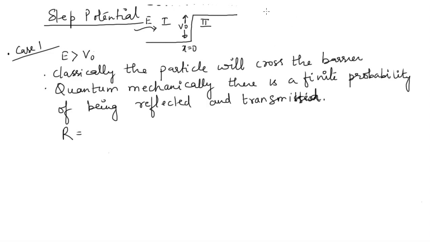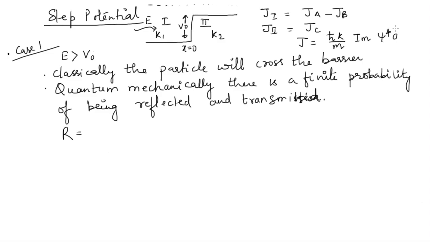If you remember, my J1 in region 1 was defined as JA minus JB, and J2 was defined as JC. In region 1 my momentum was K1, and in region 2 my momentum was K2. The definition of J was, just to remind you, h cross K upon m, imaginary part of psi star del psi by del x in whatever region we are taking.